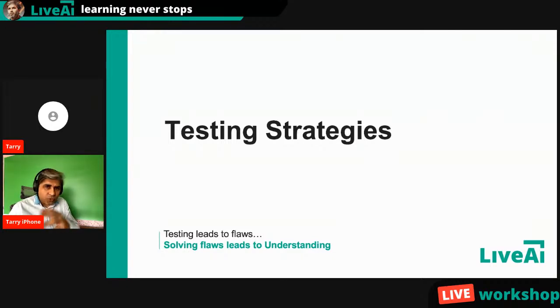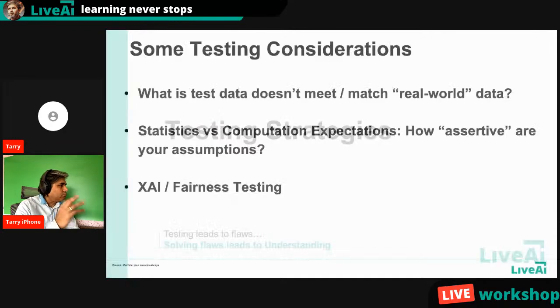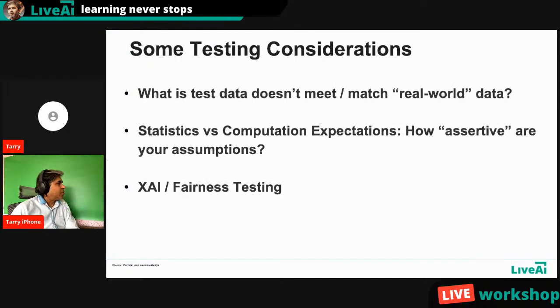So how you select the data, how you generate it, as well as how much data is required is super crucial, but it's also dependent on the problem tackled by the model. All right, so what are these aspects that we're looking at? There are real-world situations when your test data does not match the real-world data, and this is problematic.